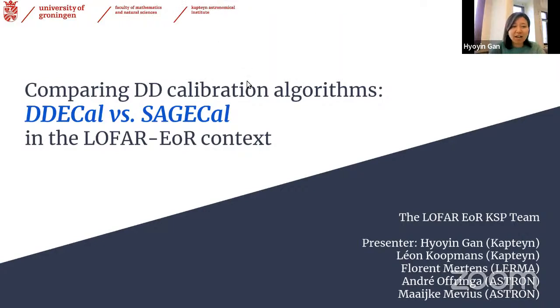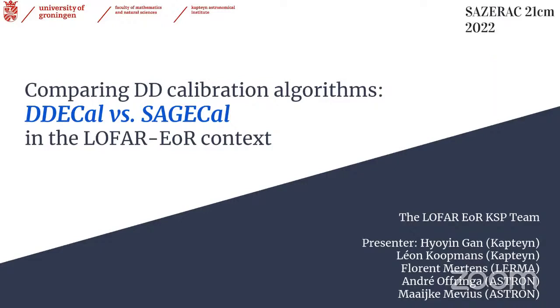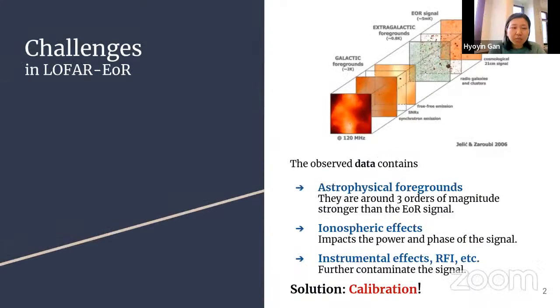Okay. Thank you for the introduction, and thanks for the opportunity to present our work. So I will just start right away. As we have already discussed a lot yesterday and today, there are many challenges when you want to detect the EoR signal.